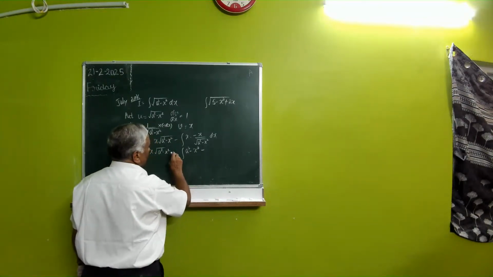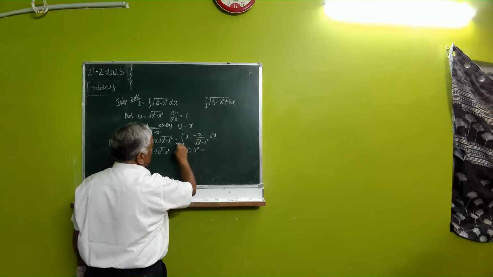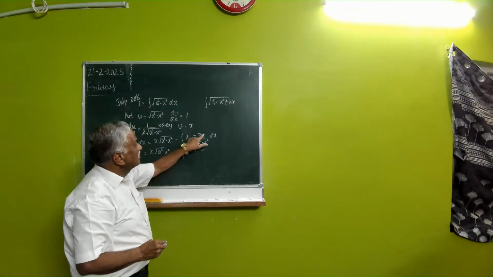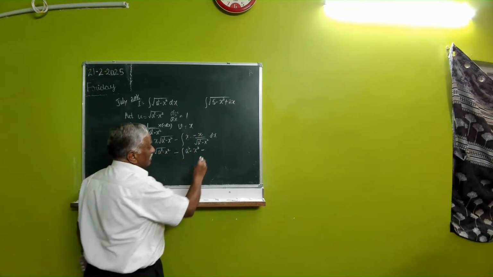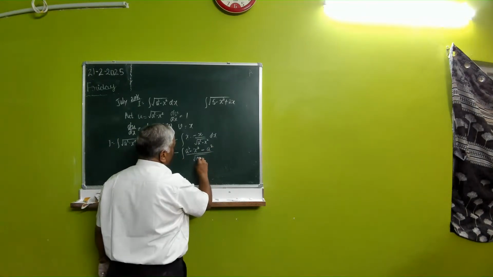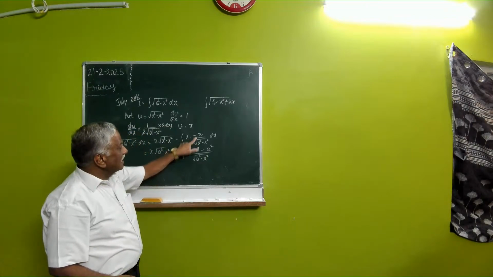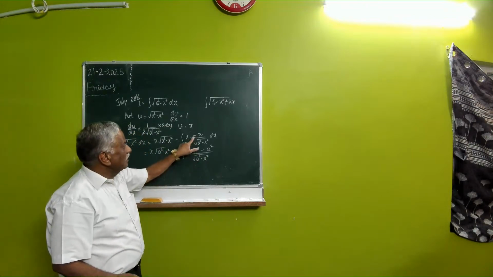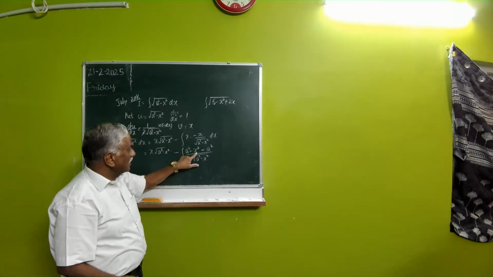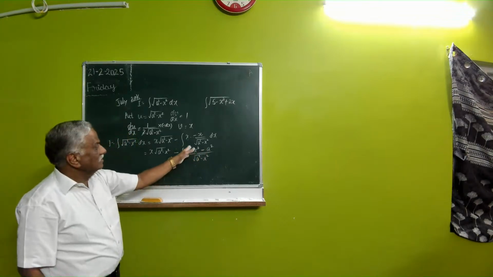I want a minus sign here because I got a square minus x square, so I will not take out the minus sign. I will keep that as it is. Now I want a square minus x square, so I will write this as a square minus x square, and subtract a square. Finally, it is the same problem.